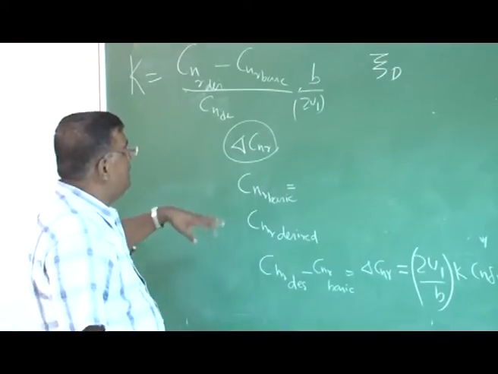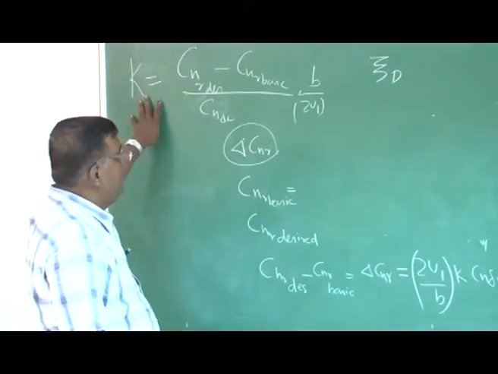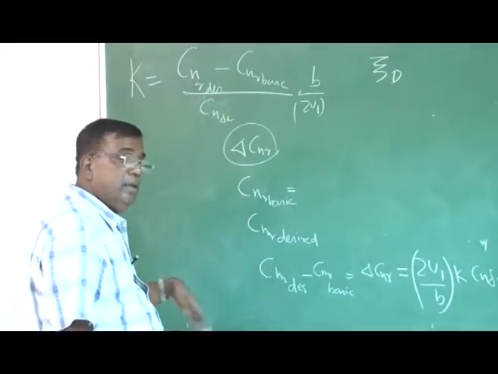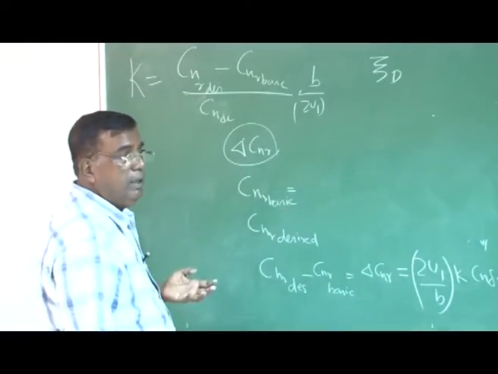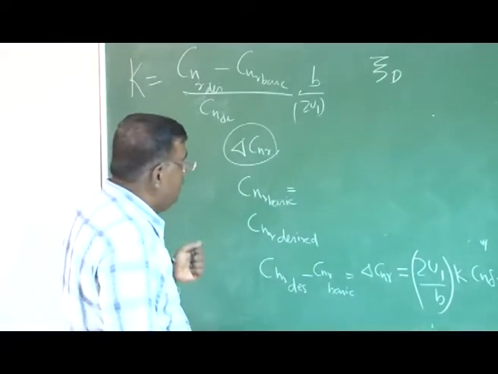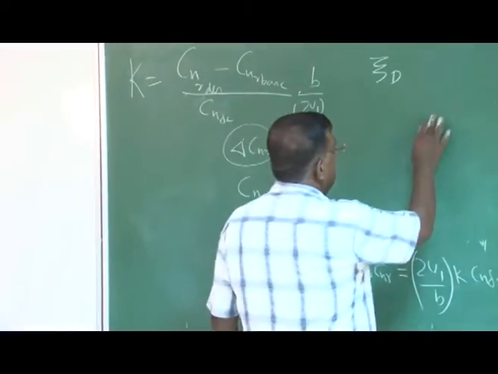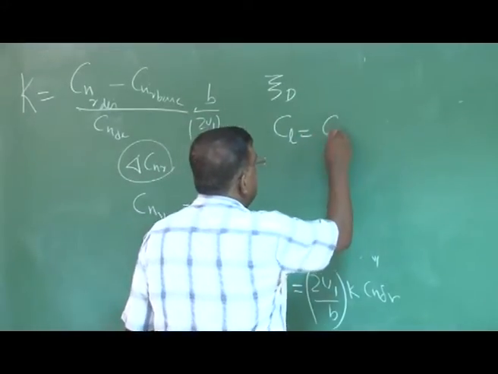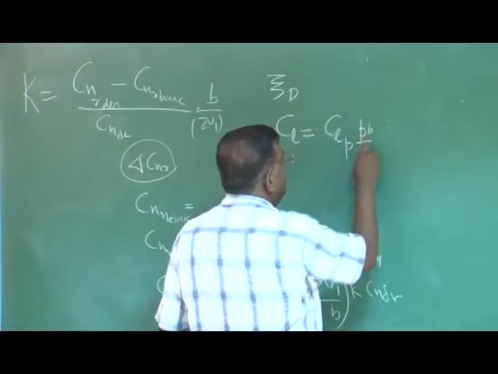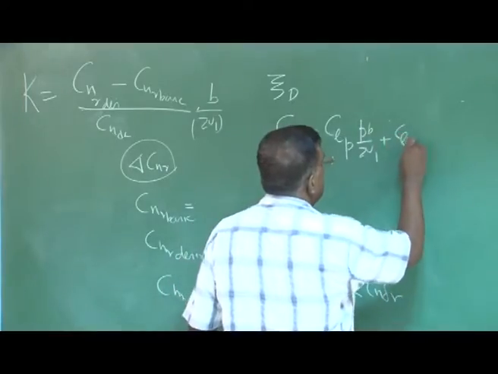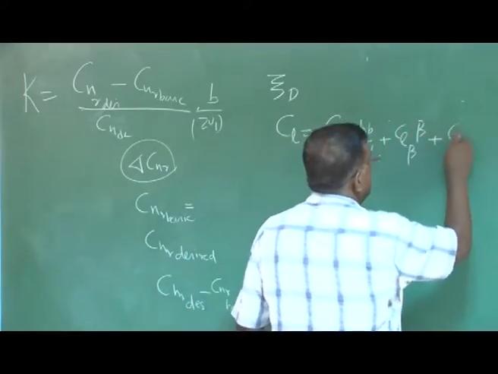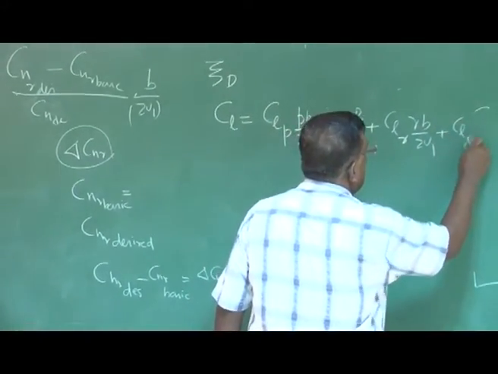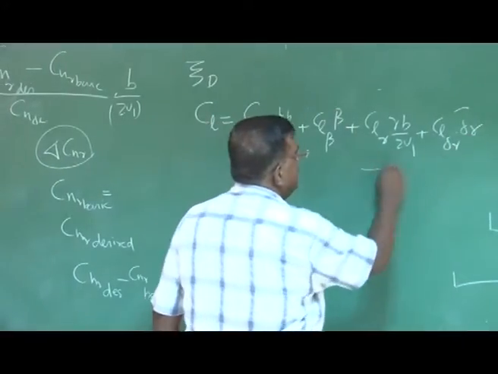Okay? See, I always say that if this is the value of K, it will take care of CNR, the new value required, so that you have a correct damping ratio. But we should also check that this will have an effect on other derivatives. For example, the rolling moment coefficient, CL, is CLP into PB by 2U1 plus CL beta into beta plus CLR into RB by 2U1 plus CL delta R into delta R. Now check here, what is happening?